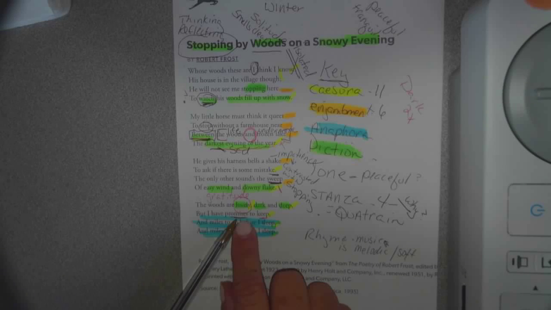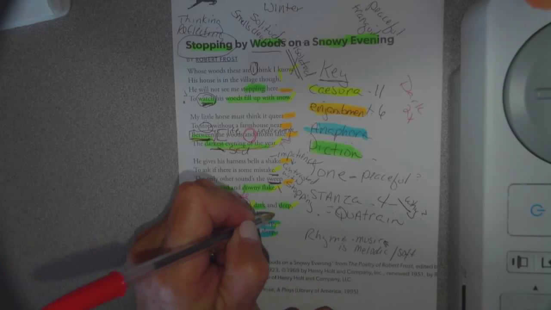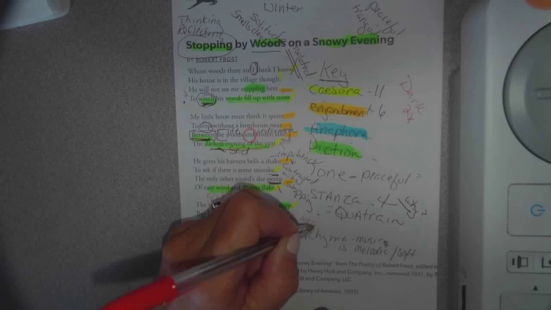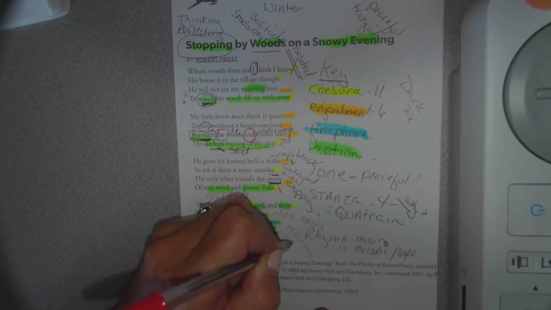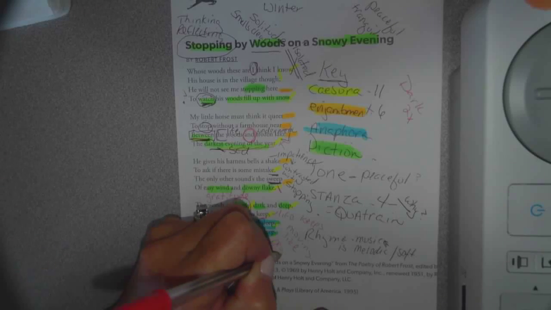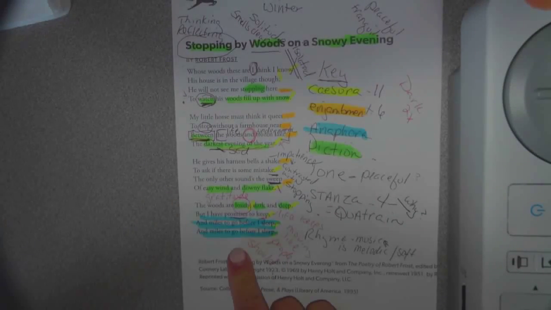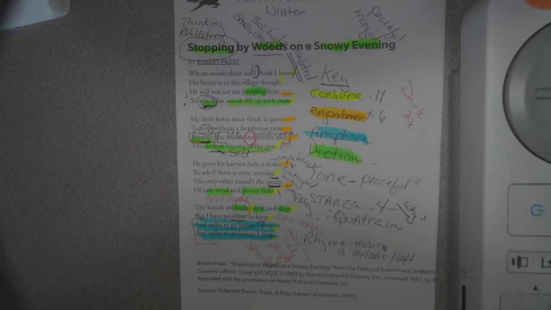It just keeps going, and we can either learn the lessons from it and move forward, or we stay stuck in grief or loss, never growing. And so he says he has promises to keep, which says life keeps moving forward like people should. Okay, so I'm writing my commentary there.